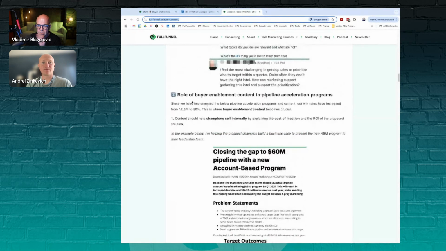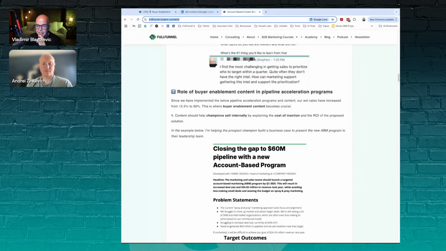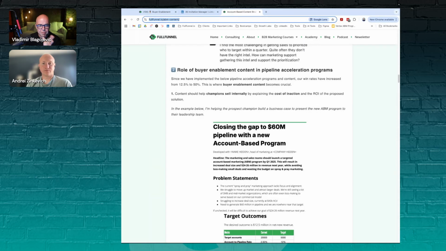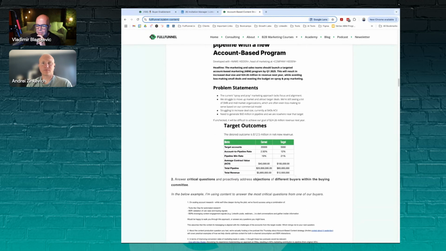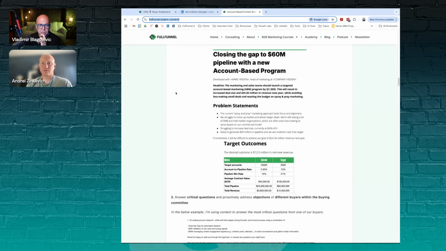Here we share different types of content for different stages and levels of demand. But here you can see an example of a fully customized document that we have created. Of course, it has been anonymized to protect our customers, our prospect in this case, but I just wanted to show you how it might look.